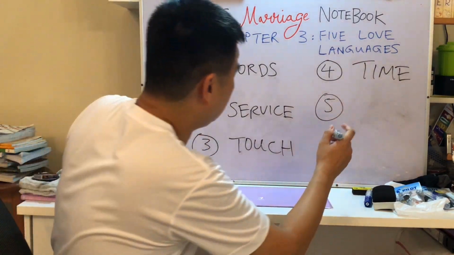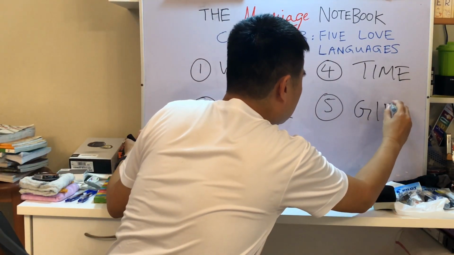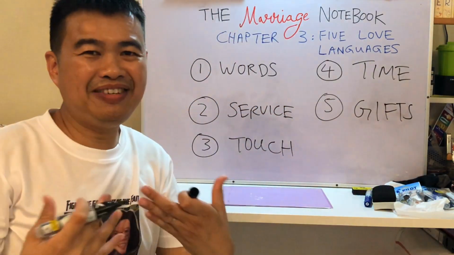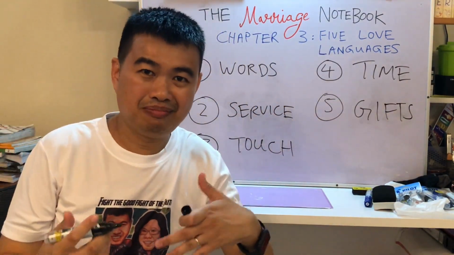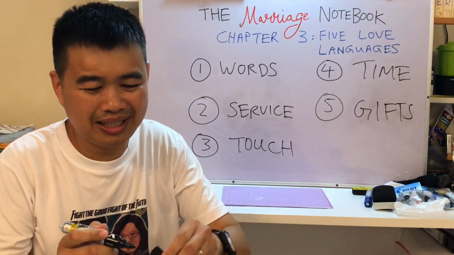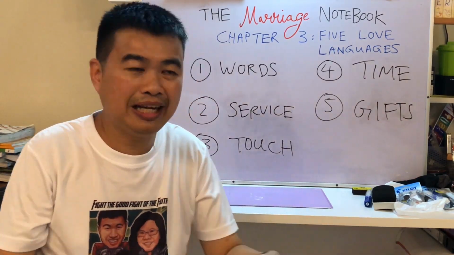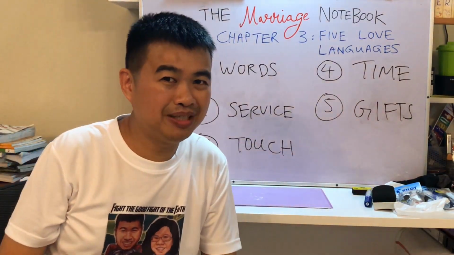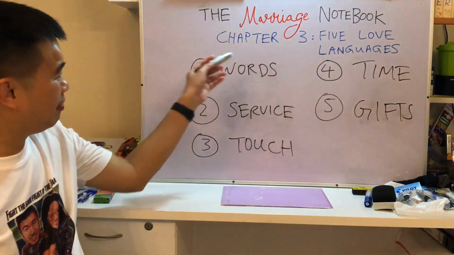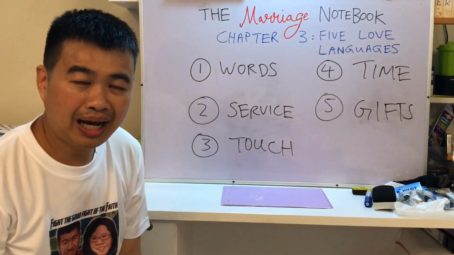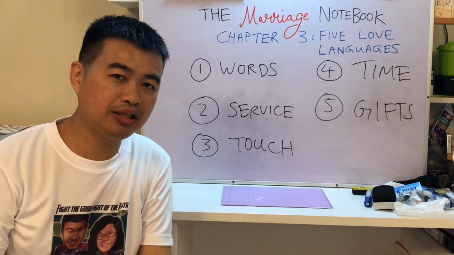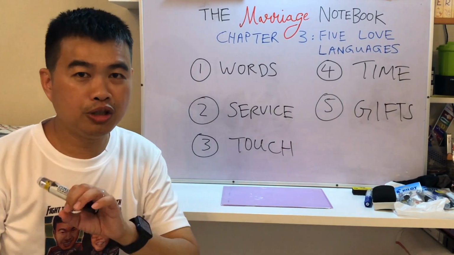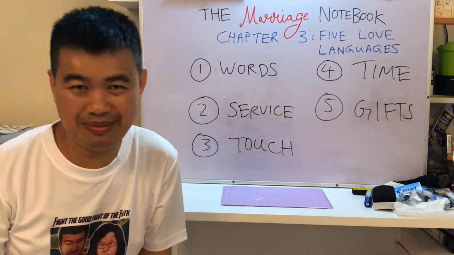The last love language is receiving gifts. Mentioned by my example just now, giving each other gifts. That could be your spouse's primary love language. So here they are, the 5 love languages. Understanding your spouse's primary and secondary love language will help you to make big deposits into his or her EBA.